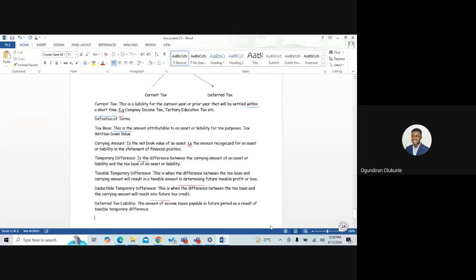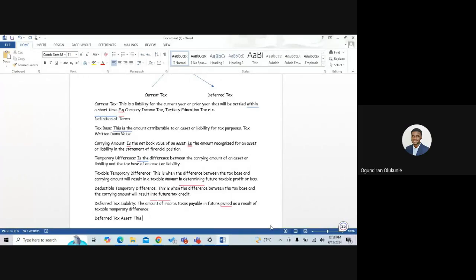Then we have finally deferred tax assets, right? So if deferred tax liability is a product of taxable temporary difference, it simply suggests to us that deferred tax asset is a product of what? Deductible temporary difference. Are we together now? Yes, sir.